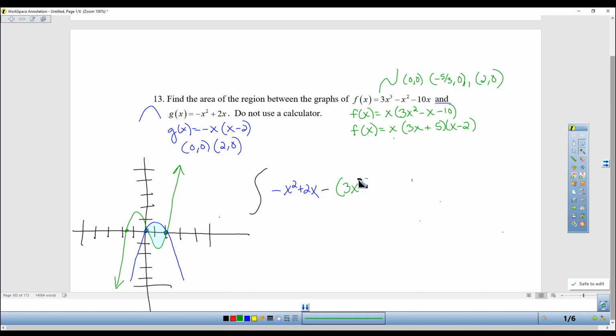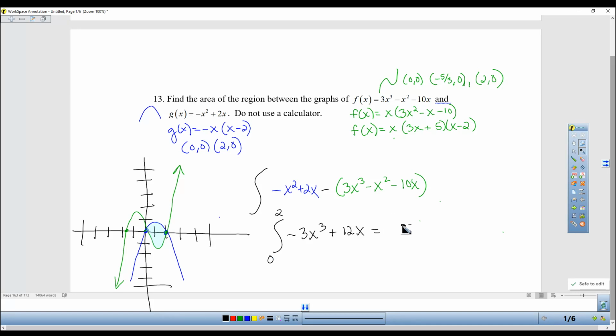Of course you do have to remember these parentheses, otherwise you would forget to distribute the negative. I'm also going to put it in descending order. This is plus x squared, which this minus x squared actually cancels, and it's plus 10x, and then plus 2x makes plus 12x. And I'm going from 0 to 2.